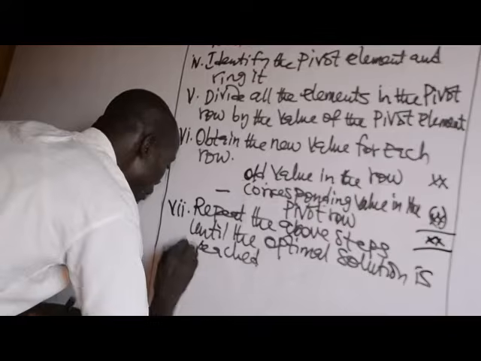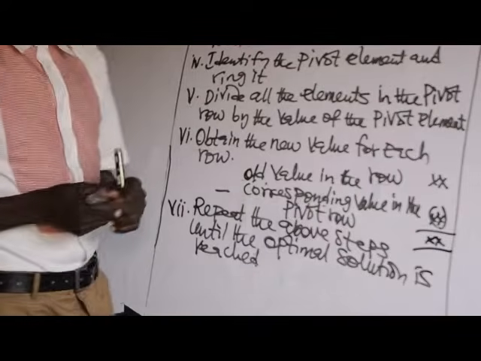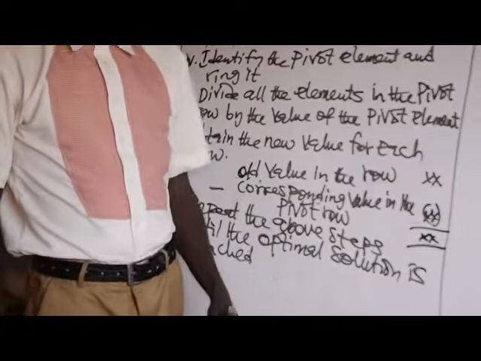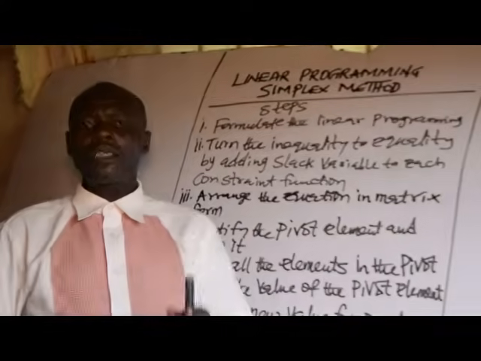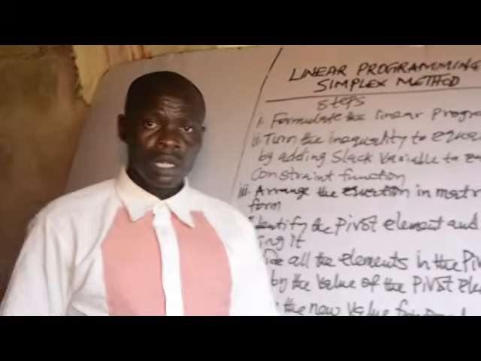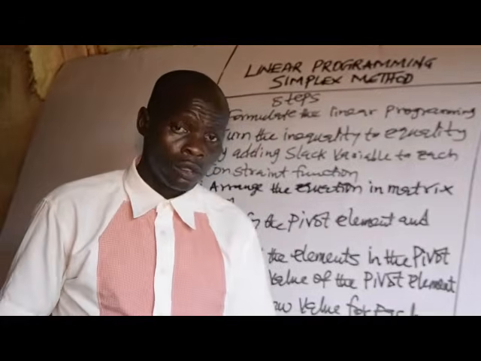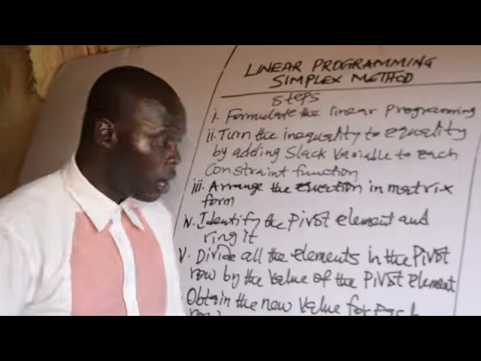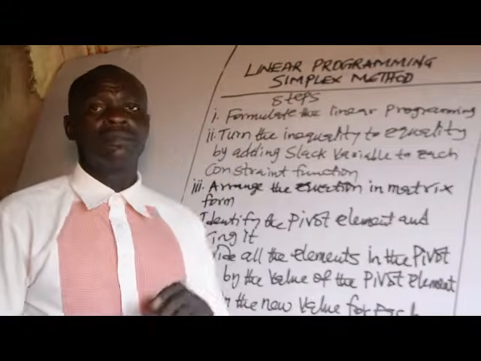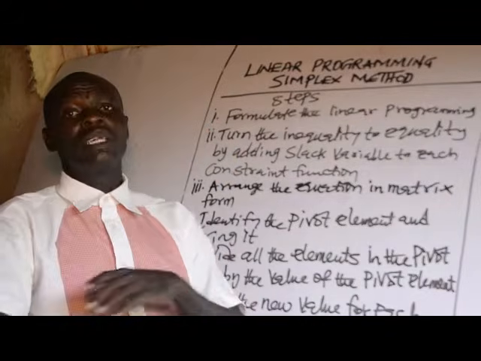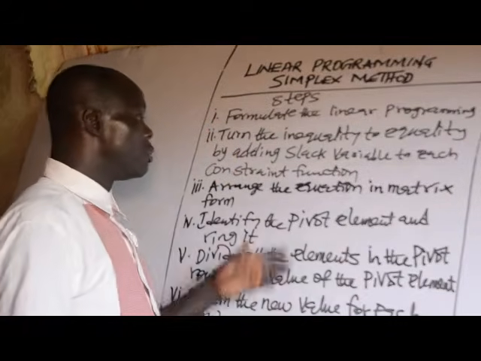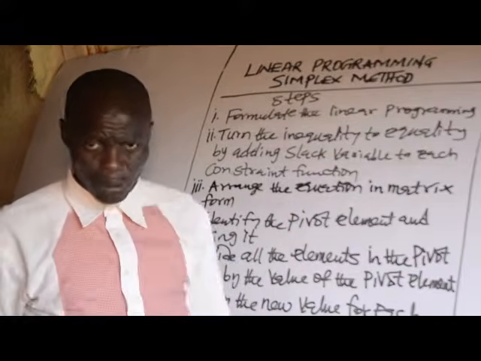Remember, I've told you that the optimal solution is reached where all the values in the row containing the objective function are all 0 or negative. That is, all the values in the objective function row will be negative or zeros.